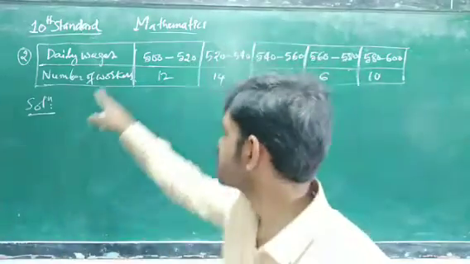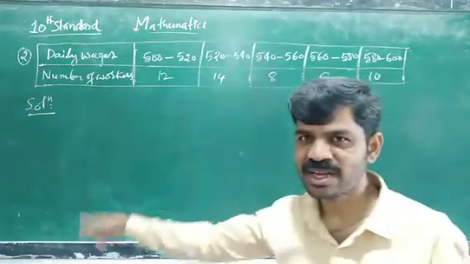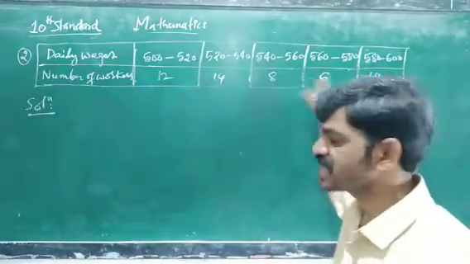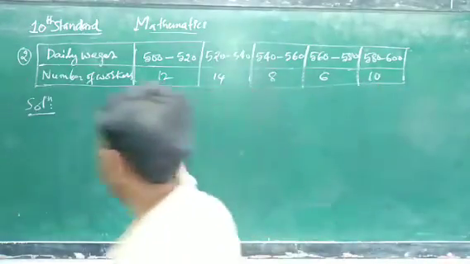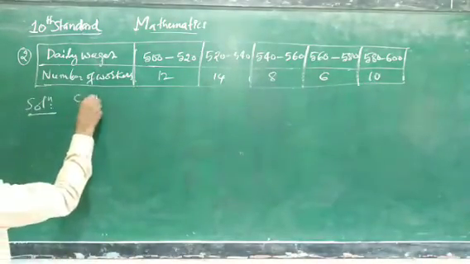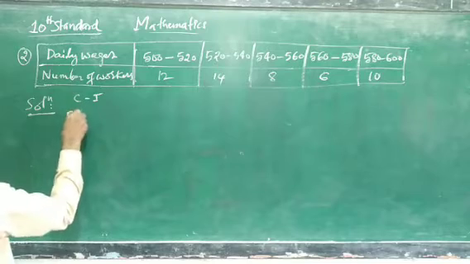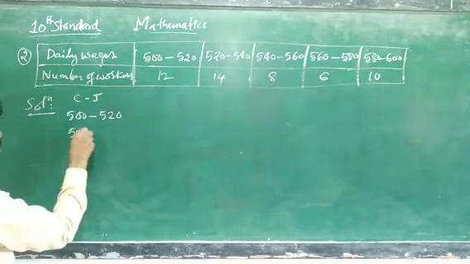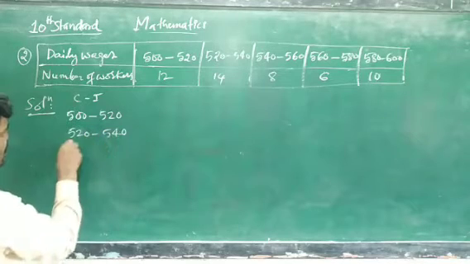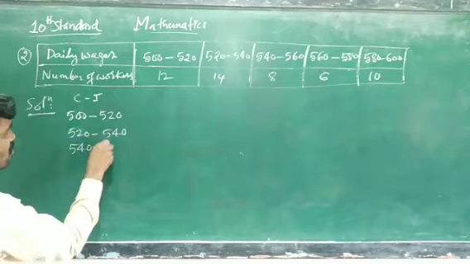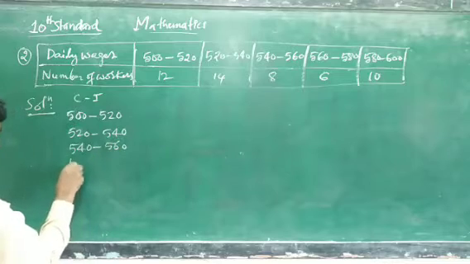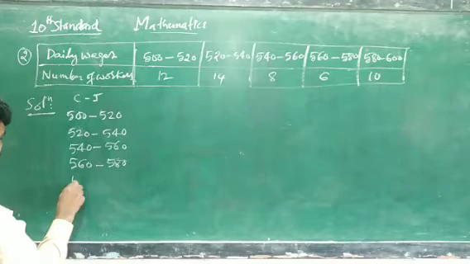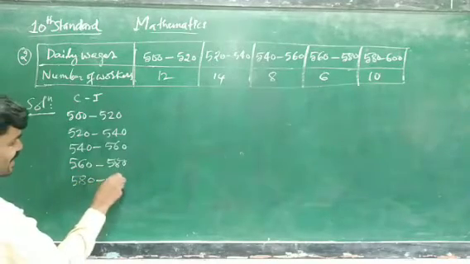I am going to write the daily wages in a vertical column, that is the class interval. The number of workers, I am taking as the frequency. Class interval, daily wages from 500 to 520, 520 to 540, 540 to 560, 560 to 580, and 580 to 600.